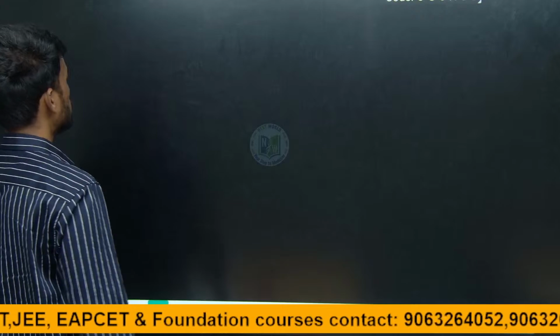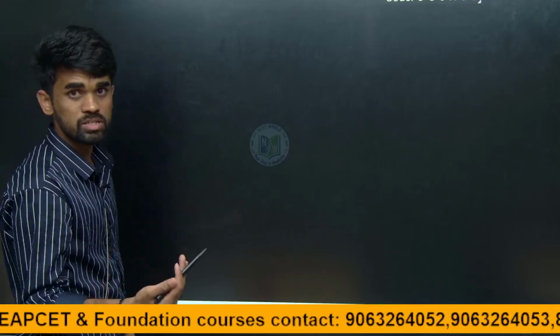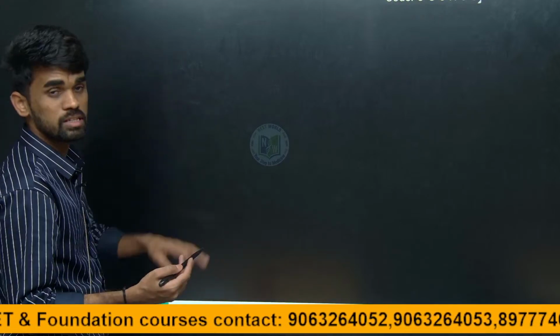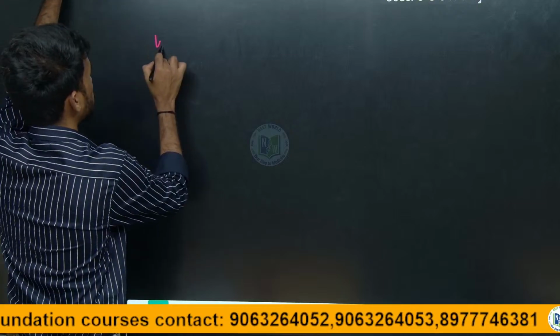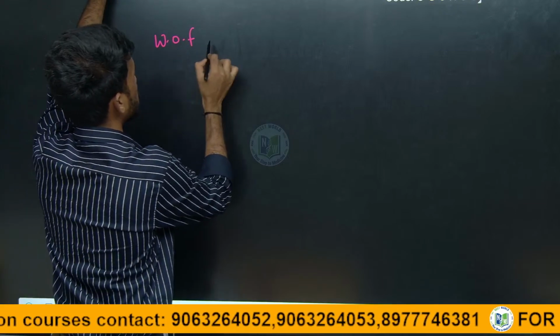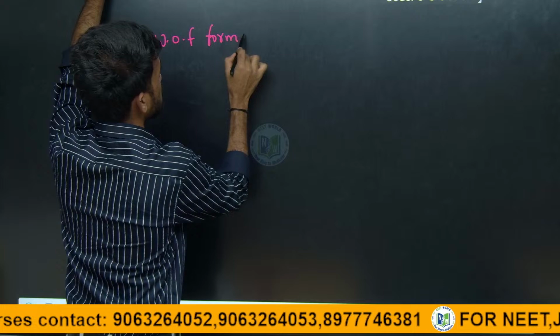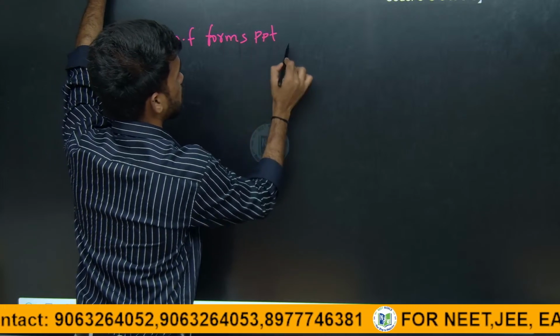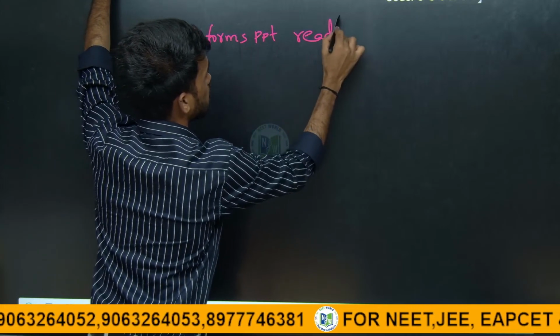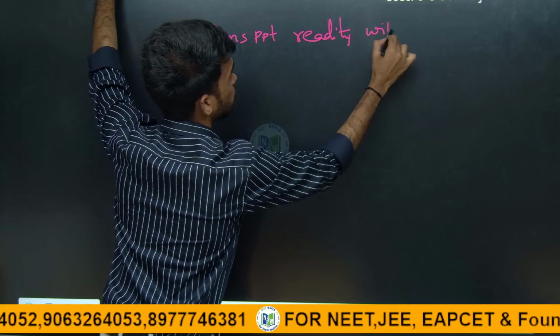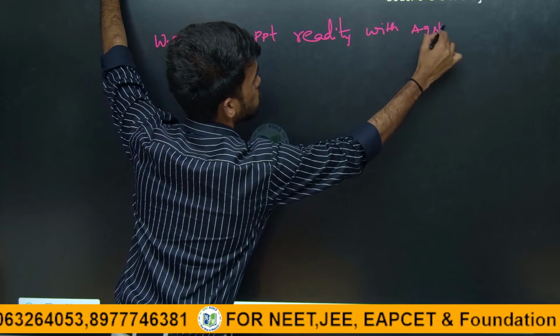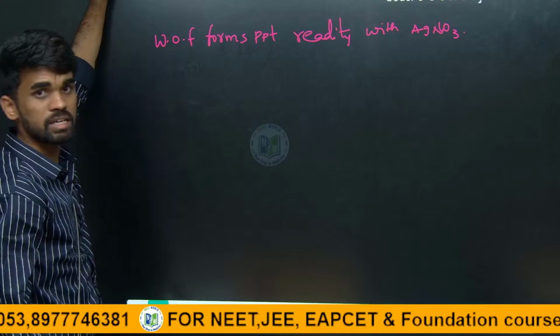Then next, there are some more questions we will see, different kinds of questions. One more model here: which of the following forms a precipitate readily with AgNO3? This kind of question can also be seen on this topic.